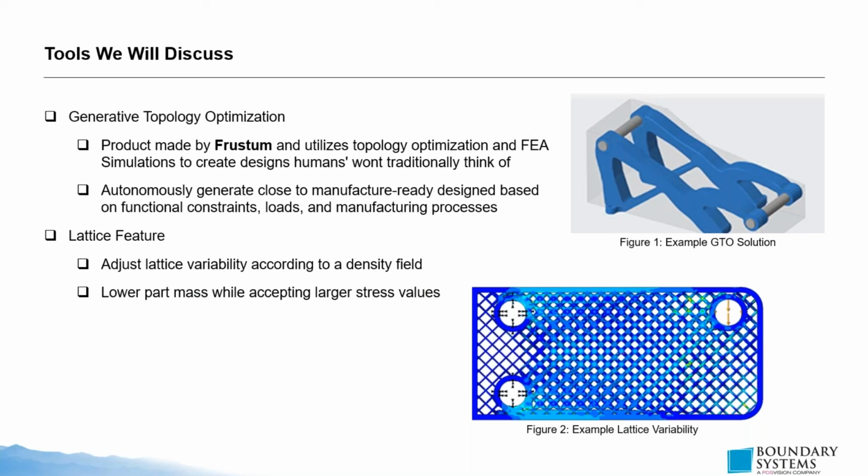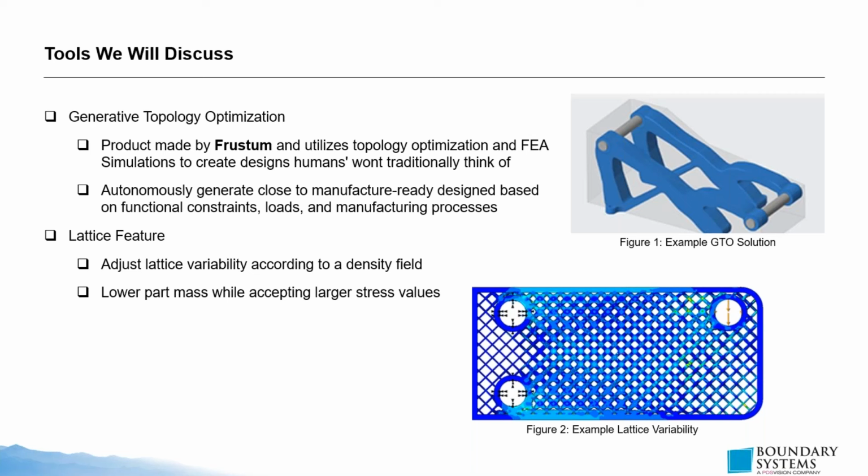The 2 tools we're going to talk about today are generative topology optimization and the lattice feature and its added functionality inside of Creo 8. Generative topology optimization is a product made by Frustum, and it utilizes topology optimization and FEA structural simulations to create designs that humans might not traditionally think of. It will consider things like your manufacturing constraints.